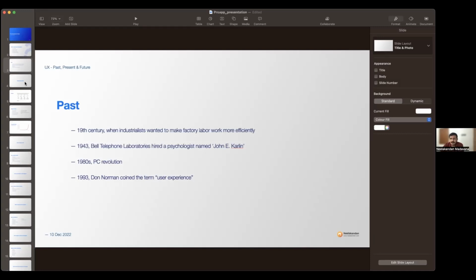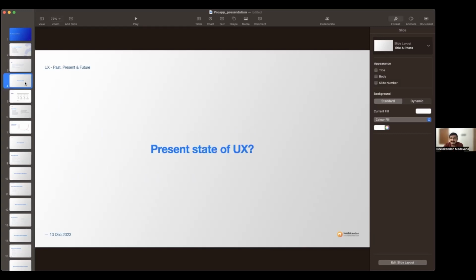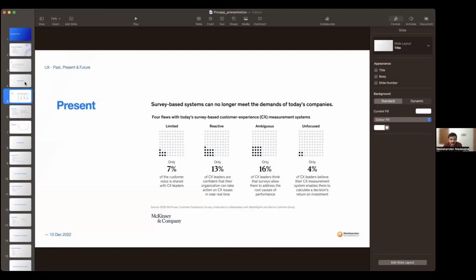So talking about the present state of UX, what exactly is it? If you want to know the present state of UX, definitely you want to know the measurement of that. In a research done by McKinsey, they looked at how user experience has been calculated and how effective it is.